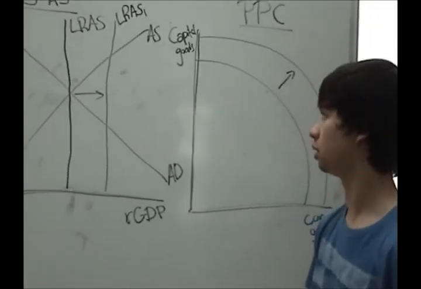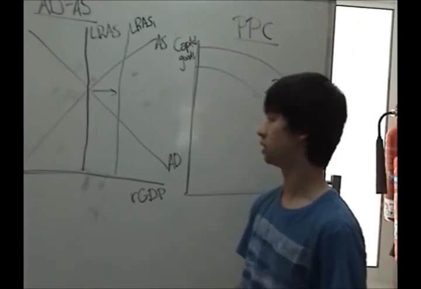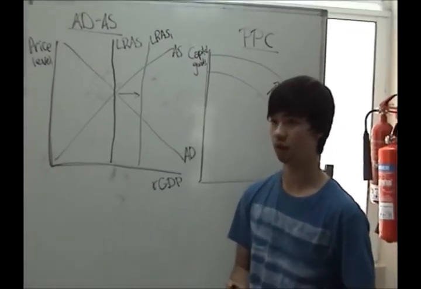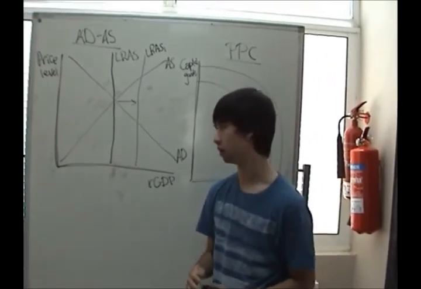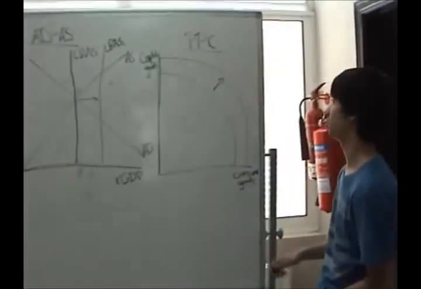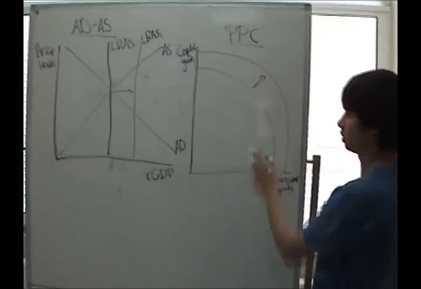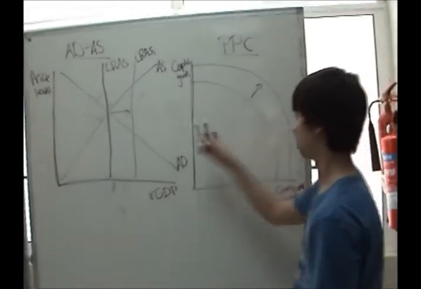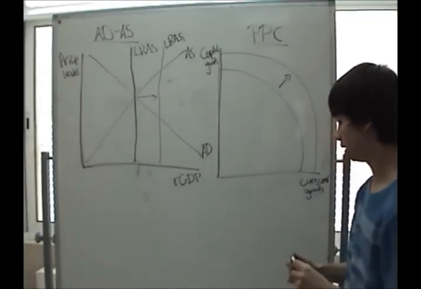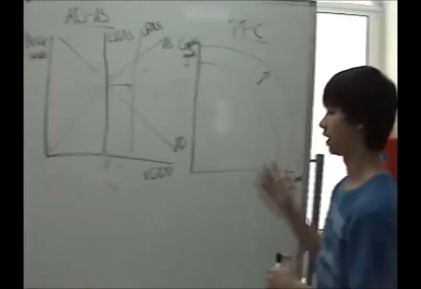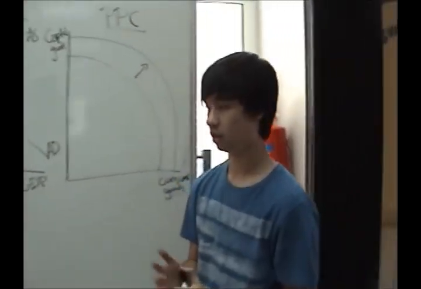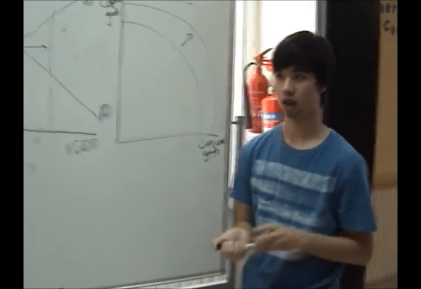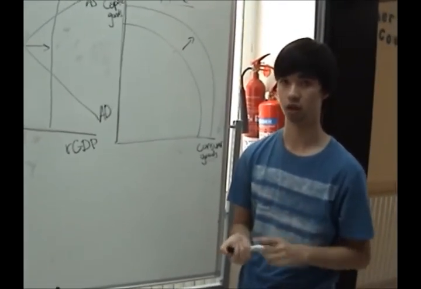And also, other factors that shift the LRAS curve are the factors that shift the PPC outwards. So whenever there's outward shift to the PPC, the LRAS curve also shifts to the right. And so those factors are factors that affect capital, labor, land, and entrepreneurship.